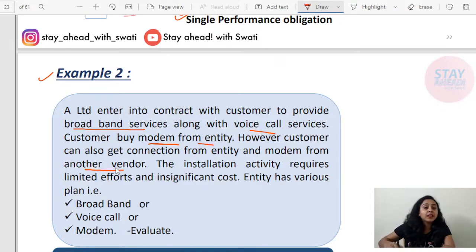No, you can buy the modem from another vendor and the connection from another. So there is no interdependence. It is not negotiated as a package. An option is given: do you want voice call, do you want modem, do you want our connection. So these are separate performance obligations, because these have the capacity of delivering on their own. These are not at all interrelated, or you can say interdependent.